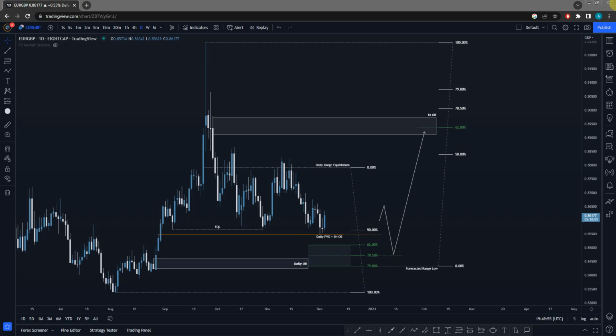Then I expect the market to turn bullish, trading up into a 1 hour order block which is in line with the 62% golden ratio of the Fibonacci marked out from a forecasted price low up to the previous high.